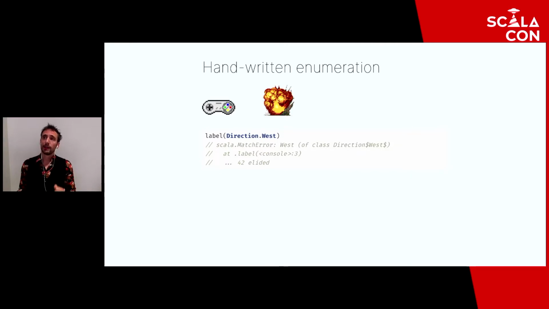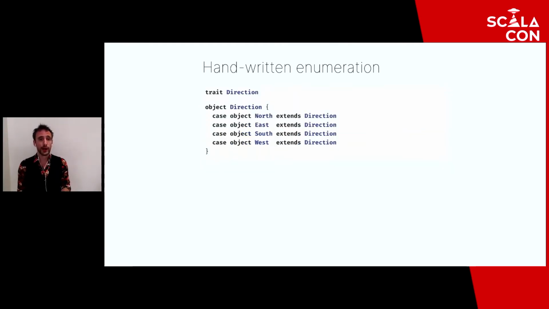And unfortunately, the Scala compiler, at least in Scala 2, as soon as it realizes it cannot prove exhaustivity, doesn't even bother to check for it, which is why we're getting a runtime explosion here. Fortunately, there's a workaround, because if we flag our trait as sealed, that is telling the compiler there will never be another direct subtype of direction.